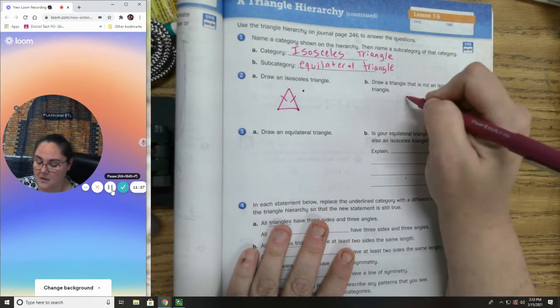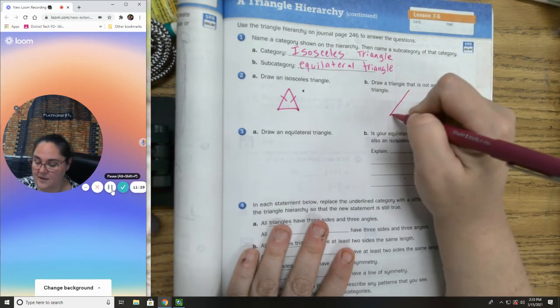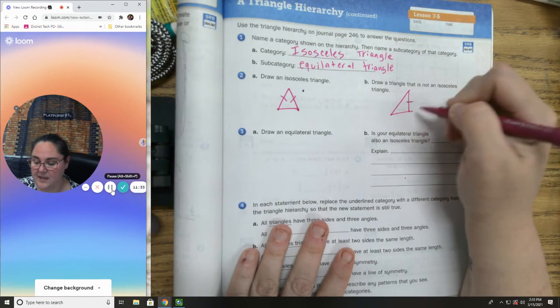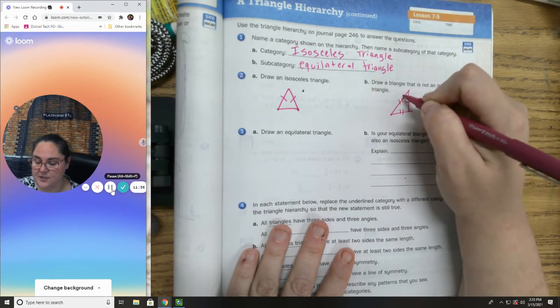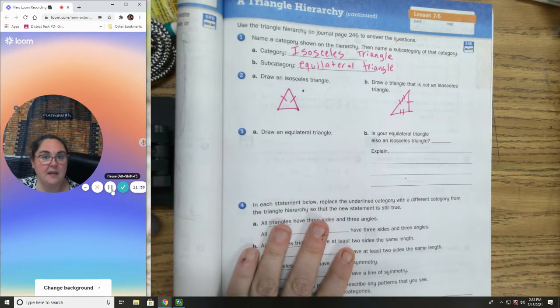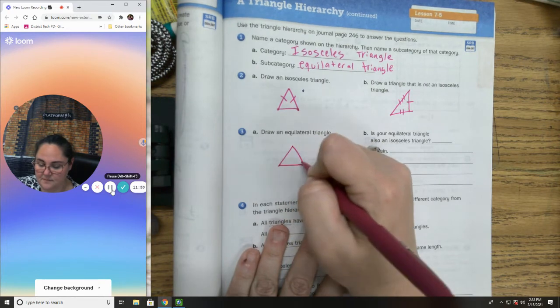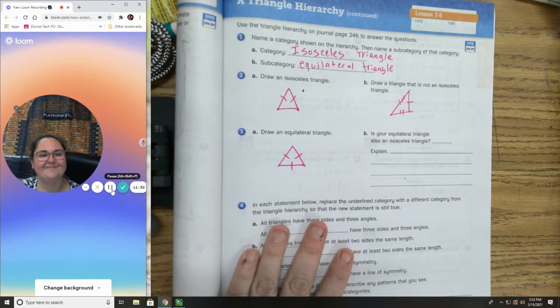This time I'm going to make one a short side. So this is one length, this is another length, and this is a third length. This proves to me that it's not isosceles. Okay, draw an equilateral triangle.